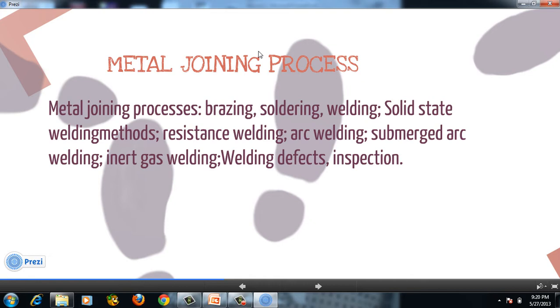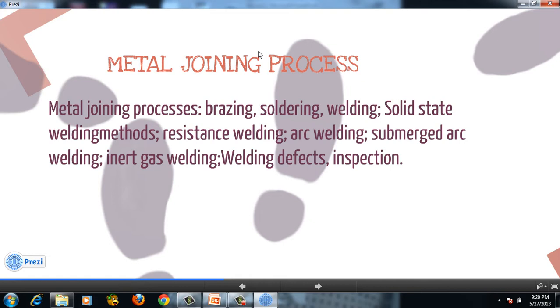Then the second segment of the contents is the metal joining process. Generally in mechanical engineering we come across the process of welding. Whenever we say a joining process happens, we come across the word welding. Basically in this segment we study various welding processes: solid state welding methods, resistance welding, arc welding, submerged arc welding, inert gas welding, welding defects and inspection.